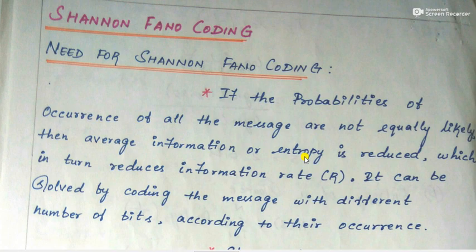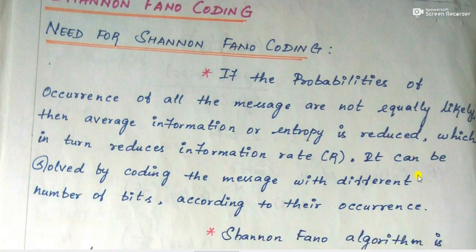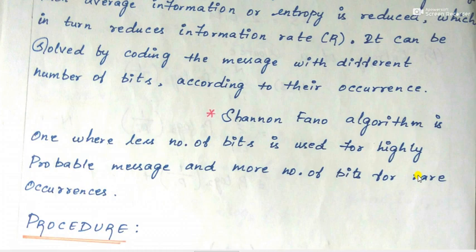It can be saved by coding the message with a different number of bits according to their occurrences. The Shannon-Fano algorithm uses fewer bits for highly probable messages and more bits for rare occurrences. So that is the reason we go for Shannon-Fano coding.